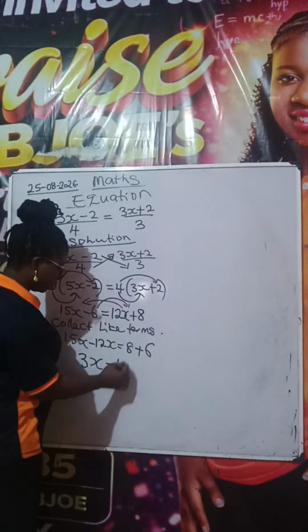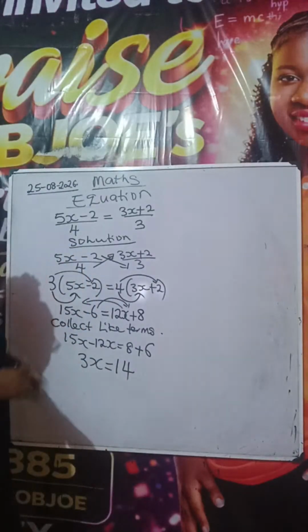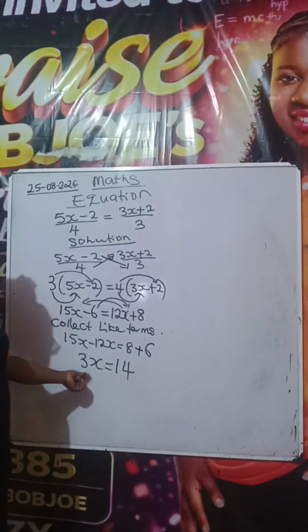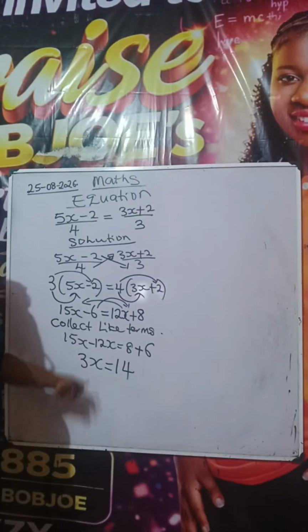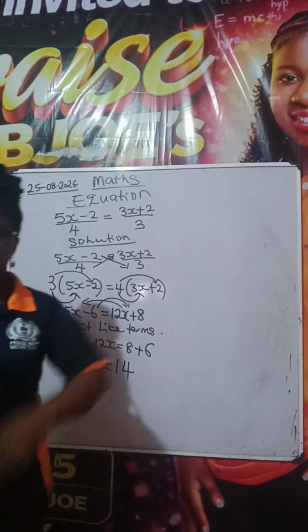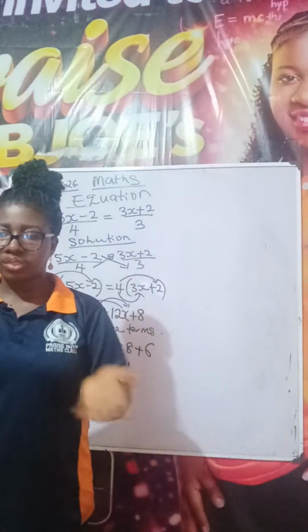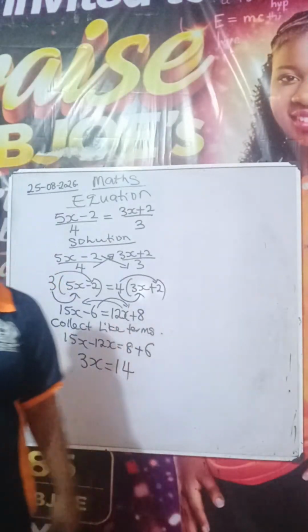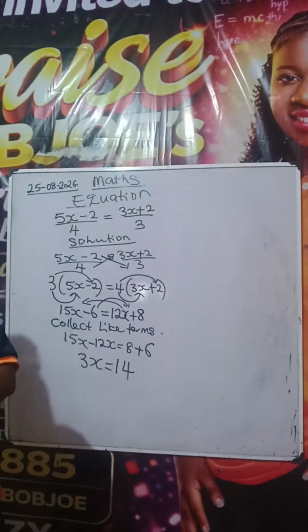Nice one. Now, at this point, I want to remove this 3 from here. How will I remove the 3? We need to remove the 3 there. So how do we do it? What do we call that process in mathematics? We call it divide both sides.